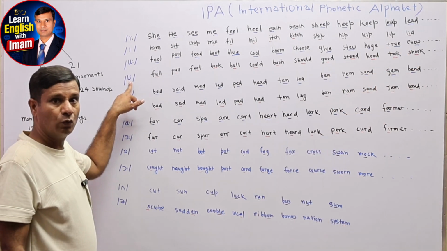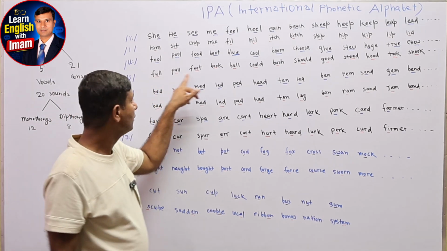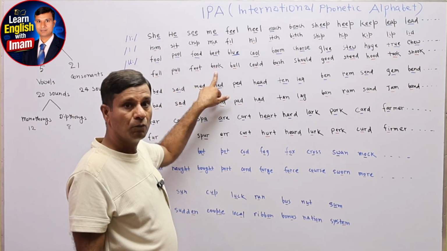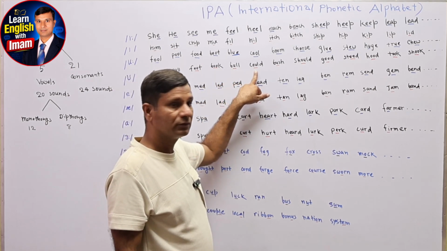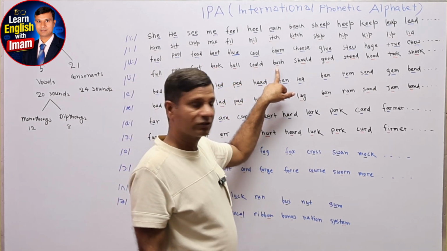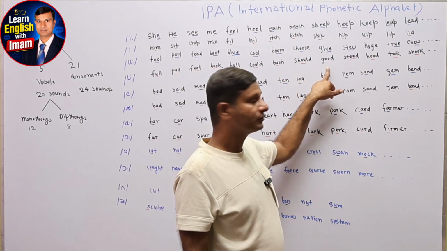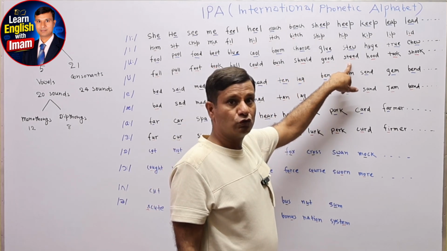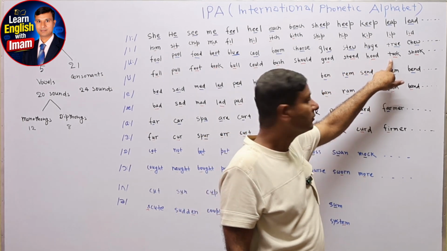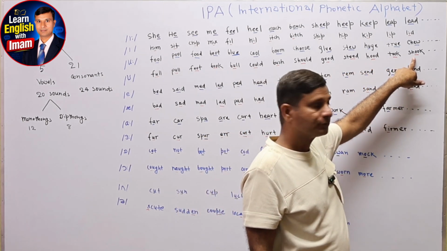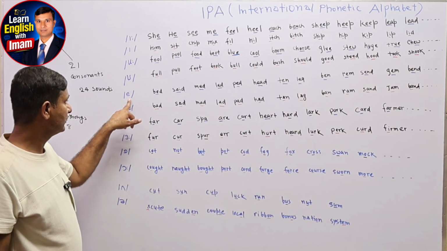Short vowel: full, pull, foot, book, bull, could, bush, should, good, stood, hood, took, shook.